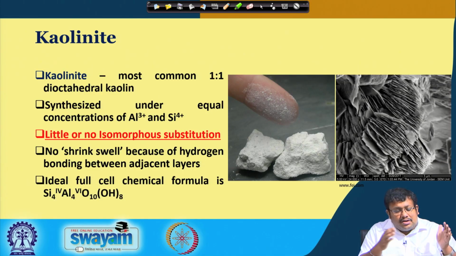The kaolinite is the most common 1:1 dioctahedral kaolin, and it is synthesized under equal concentration of aluminum and silica. You know that it has got little or no isomorphous substitution.